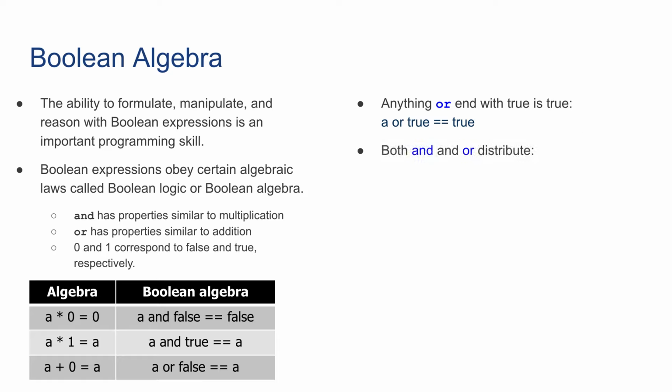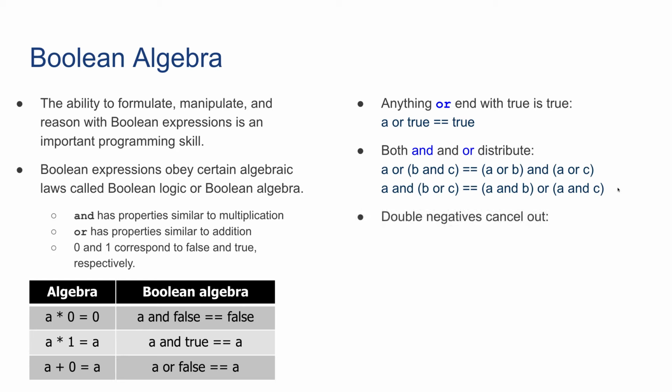Both AND and OR distribute. So A or (B and C) is equal to (A or B) and (A or C). A and (B or C) is (A and B) or (A and C).